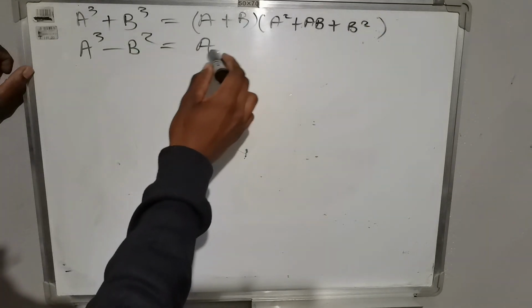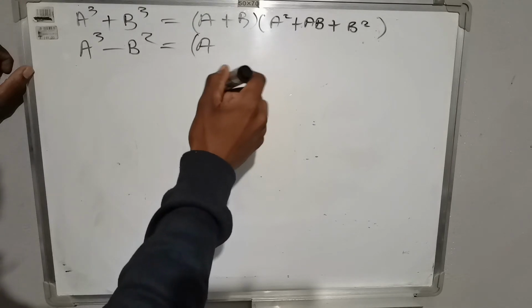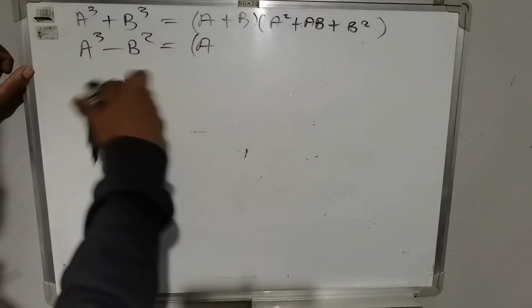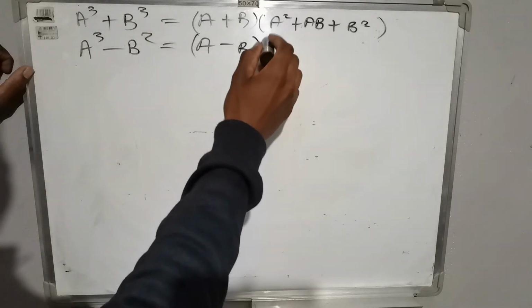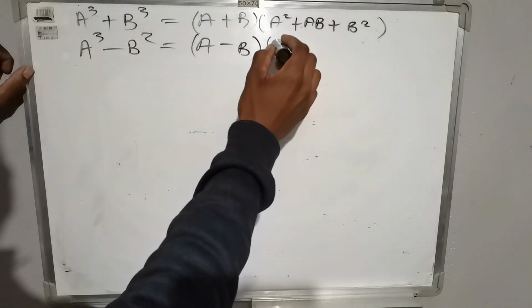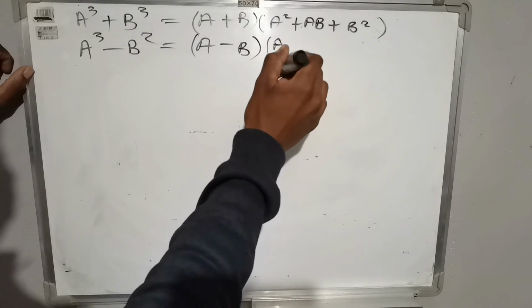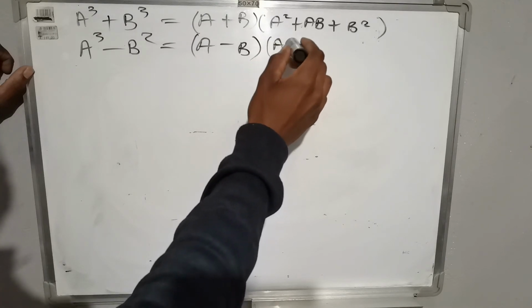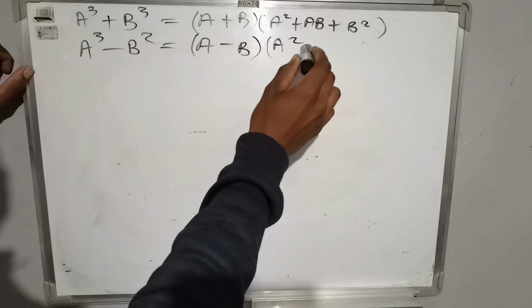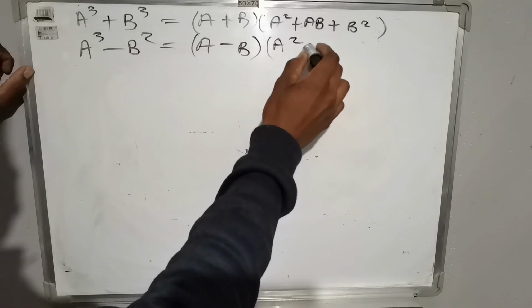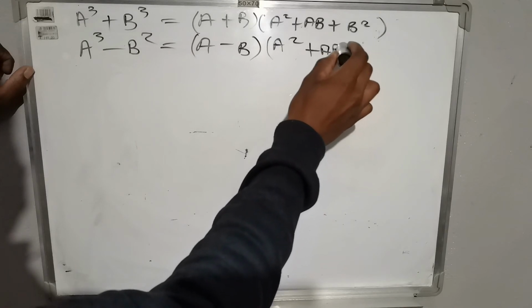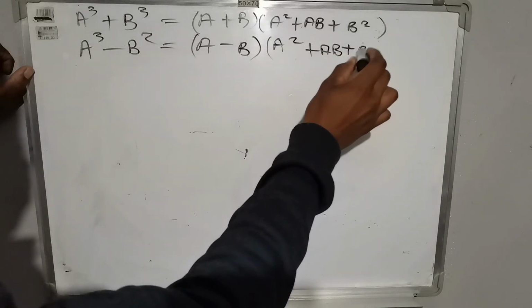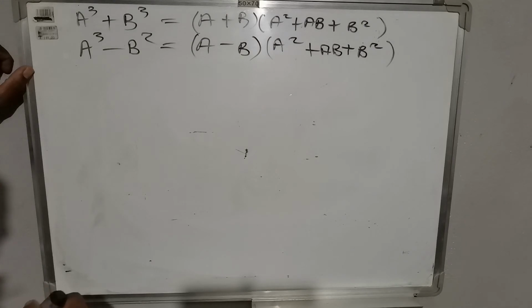This one, the difference, would be equal to a minus b, then we multiply this by a squared plus ab plus b squared.